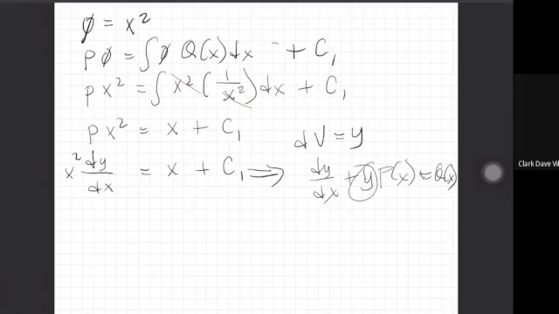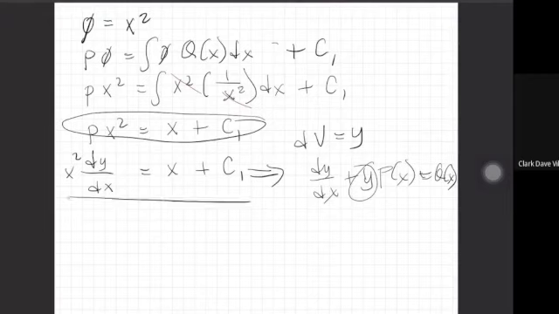So, in case 2, you don't know what the result will be after integrating. After this line, you cannot predict what your next step will be. It's not always linear. It could be, as you can see in this case, simply variable separable.